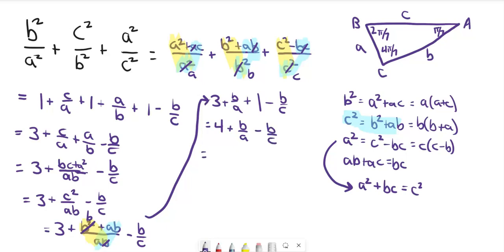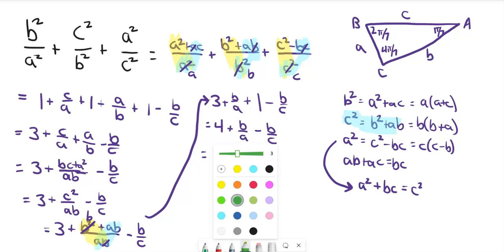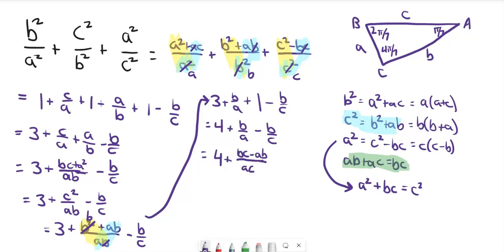So we'll do the same thing as before. We'll find a common denominator here. We'll get 4 plus ac, we'll cross multiply, and we'll get bc minus ab. Now, where does that leave us? Well, that leaves us with our fourth identity right here, ab plus ac equals bc. What I can do is rearrange that as bc minus ab, and that will equal ac, just like so.